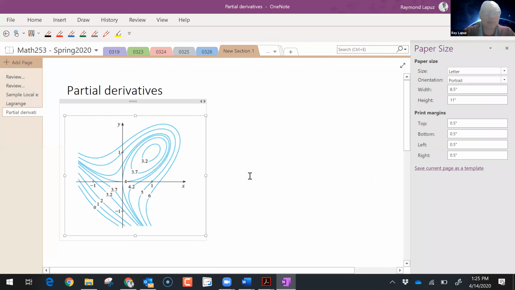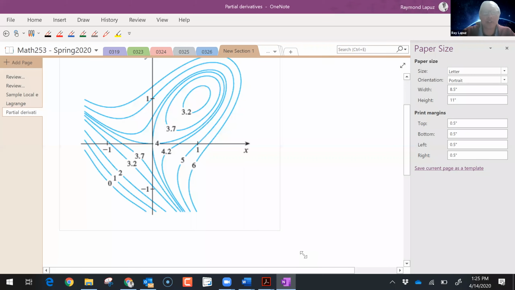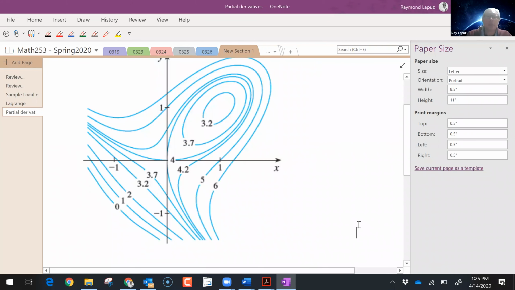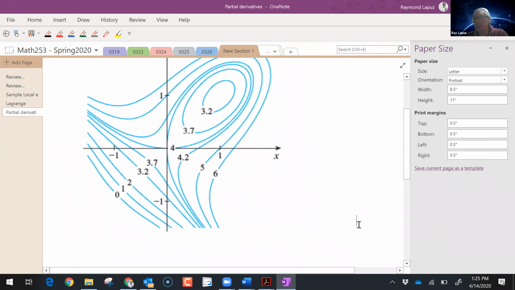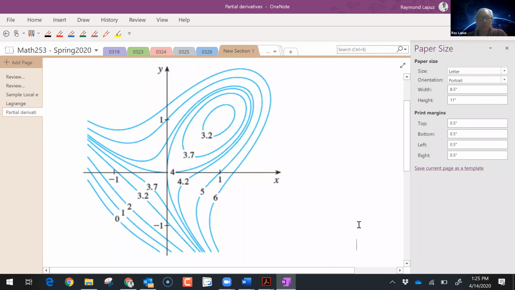The important part about reading a level curve is knowing where you are and which way to go to find the maximum and minimum. So let's put ourselves somewhere here. Let's say the point equals 1, 0.